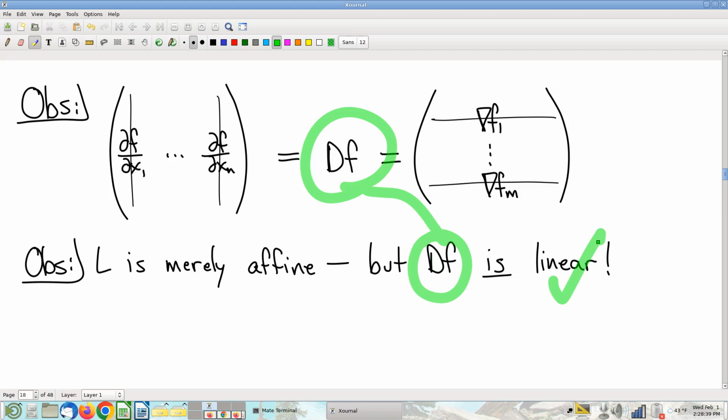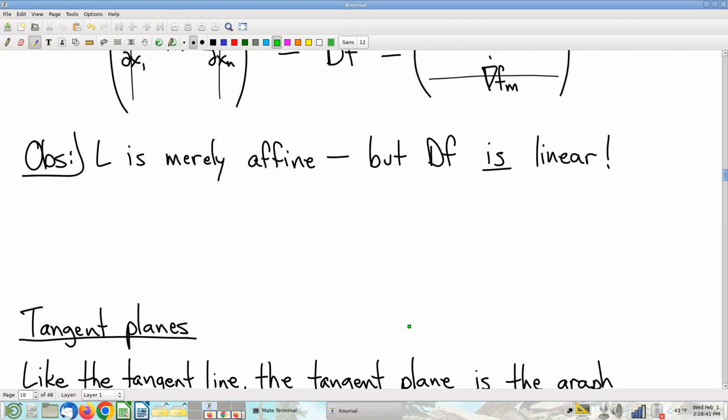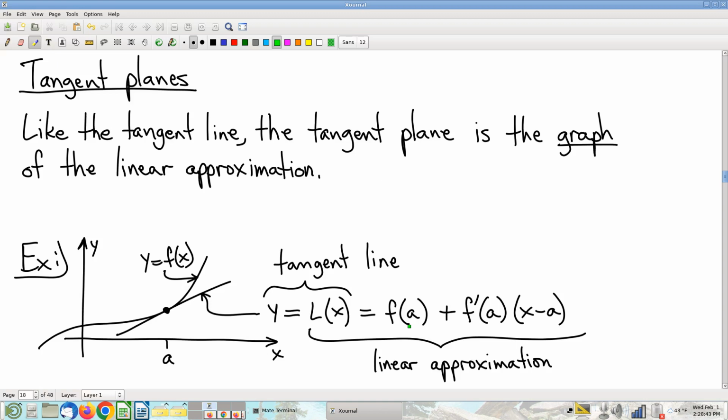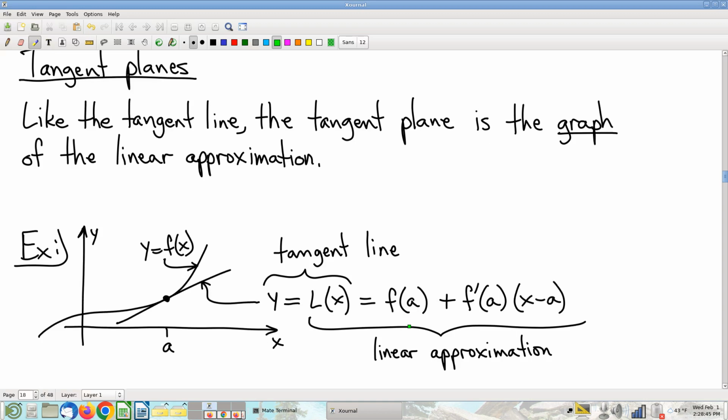Okay. All right. So, let me remind you, back to single variable calculus. If you are doing a linear approximation, here's our formula for the linear approximation for single variable. The linear approximation is a new function. A lot of people accidentally conflate the linear approximation with the tangent line.